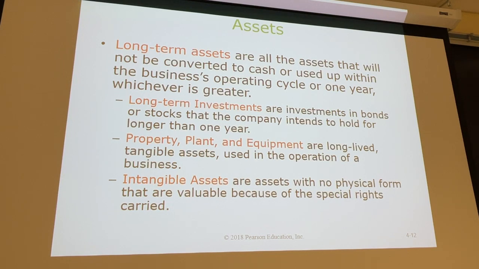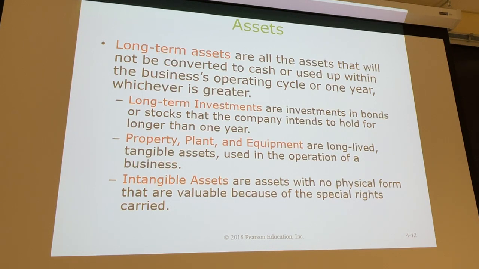We talked last week about property, plant, and equipment. That's usually the depreciable assets. We said last week those are long-lived, tangible assets that are used in the operation of a business. We could also call those plant assets, or fixed assets.